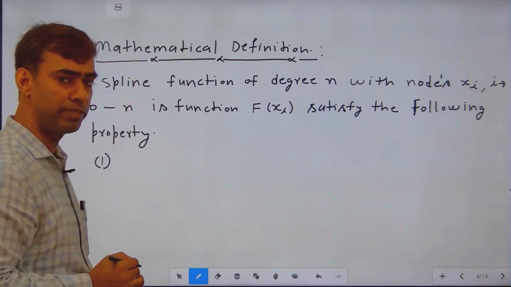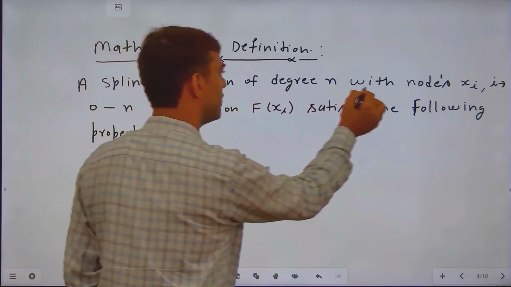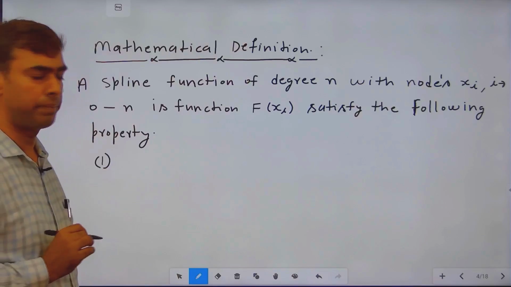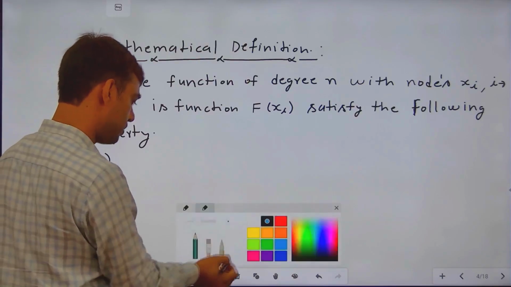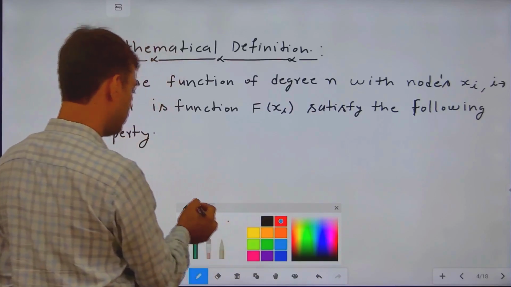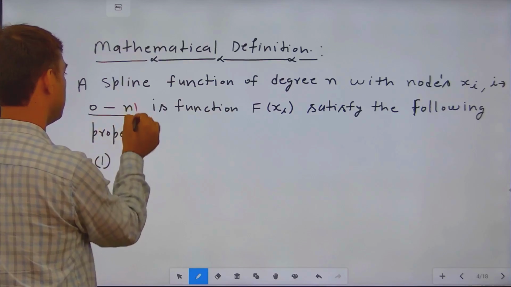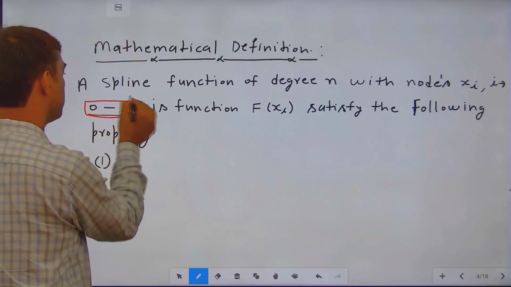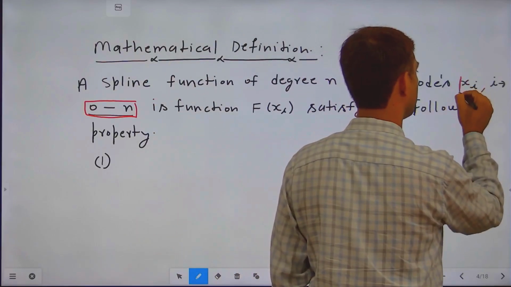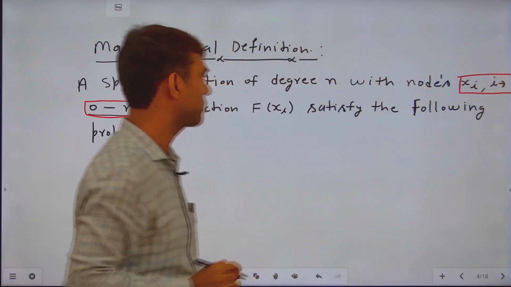A spline function of degree n with nodes xi, where i ranges from 0 to n. This means how many nodes do we have? We have n plus 1 nodes.